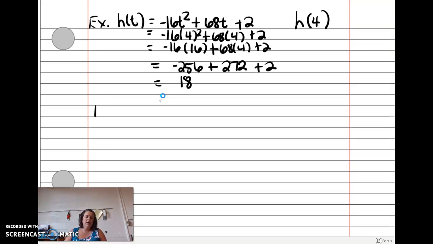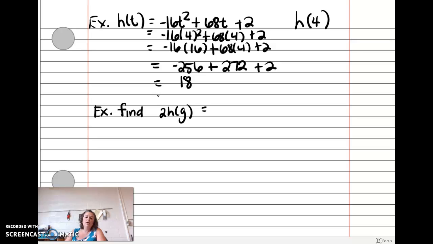All right, let's try. Same equation, we're going to find 2 times h of g. So we're going to evaluate whatever this function is for g and then multiply it by 2.